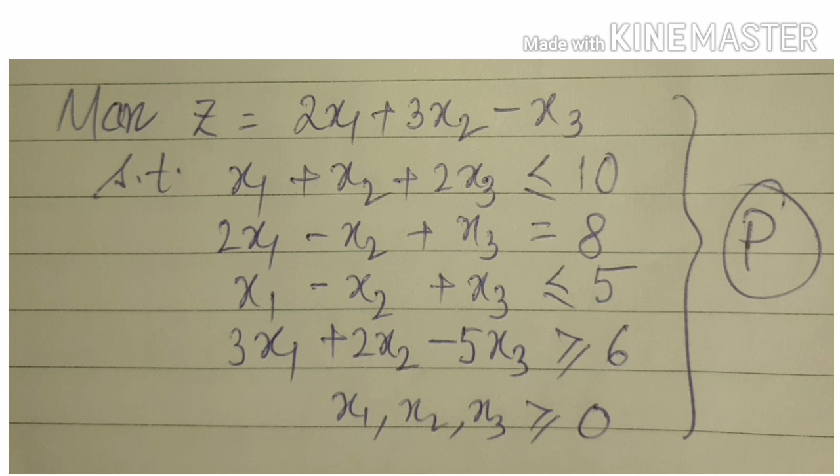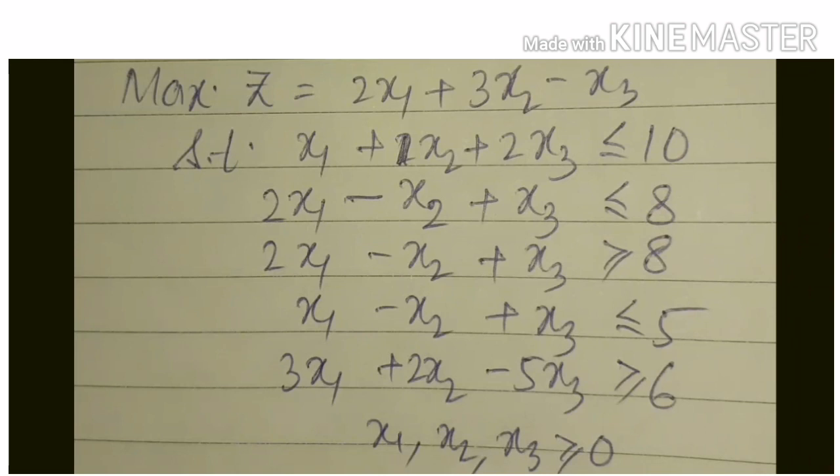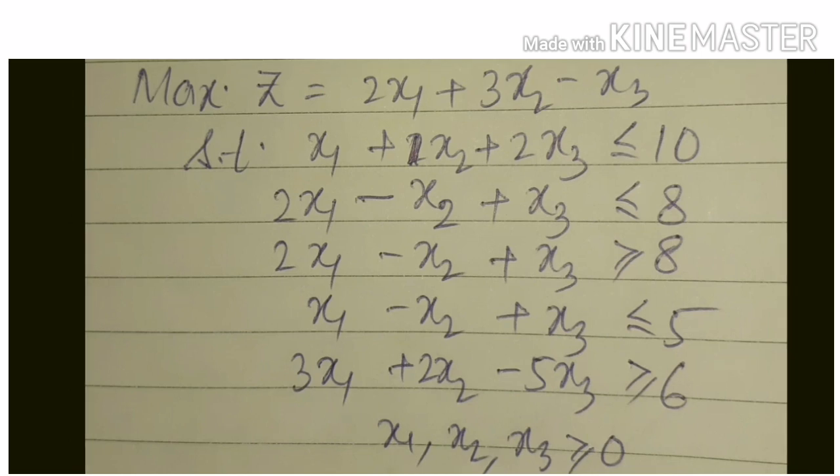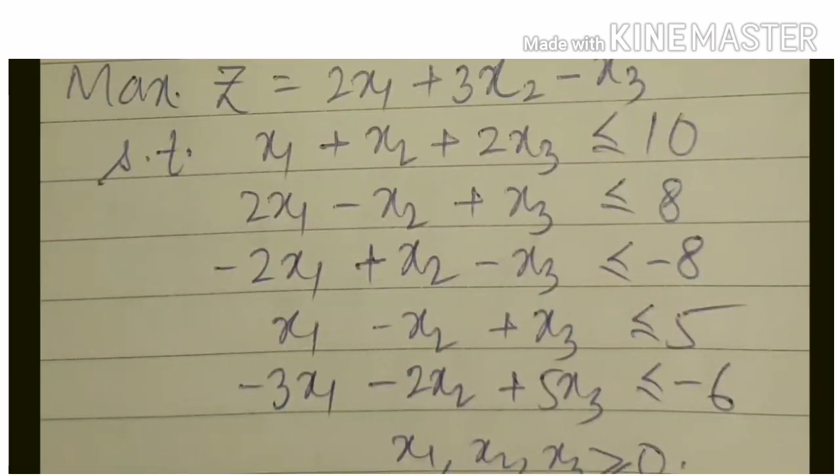First we transform the equality constraint into two constraints, one taking less than or equal to and one taking greater than or equal to, and now we convert all the greater than or equal to type inequalities to less than or equal to type by multiplying them with -1. So now we have the maximization symmetric form, that is, the objective function is in maximization form and all the inequalities are less than or equal to type.